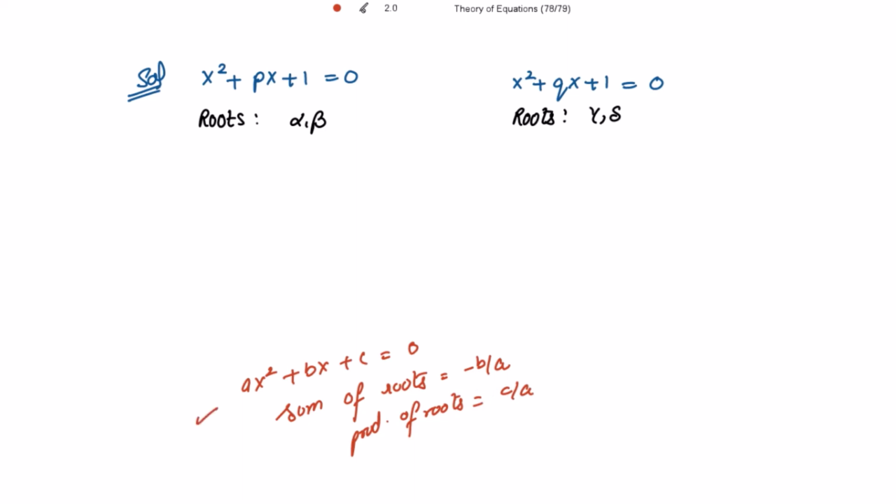So from here, let's write the sum of alpha plus beta, that is equal to negative p, and the product of the roots is 1. Similarly, for the second quadratic equation, sum of the roots, that is gamma plus delta, that is equal to negative q, and the product of the roots is 1.